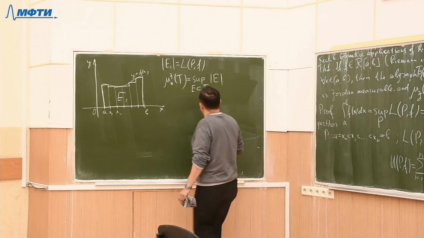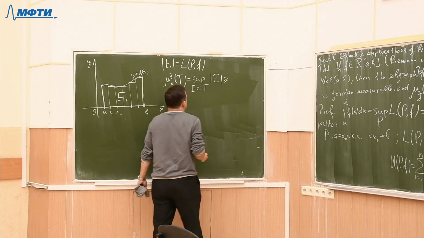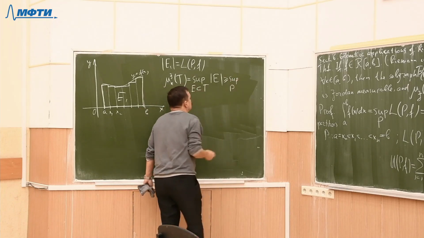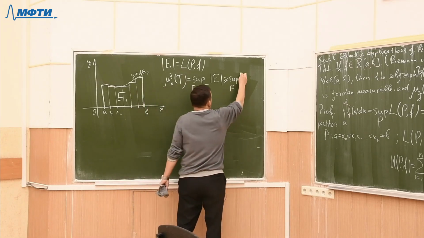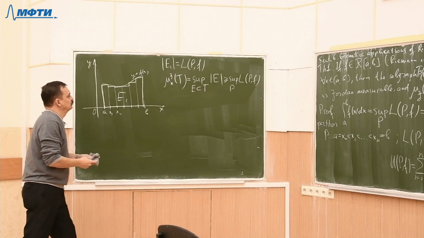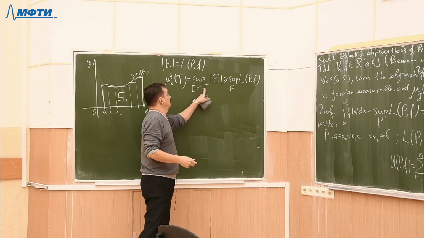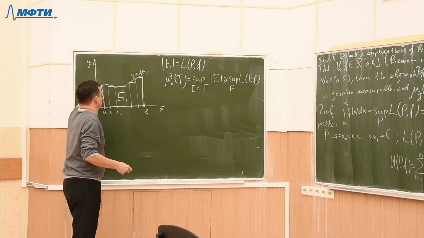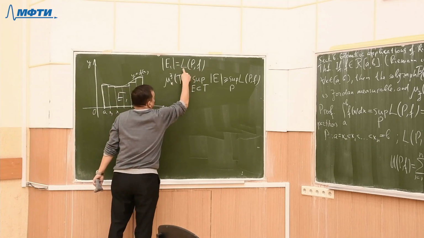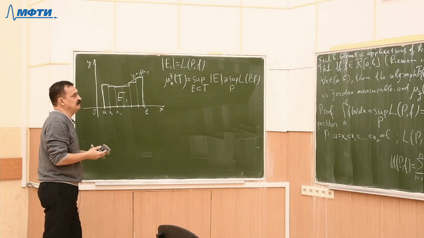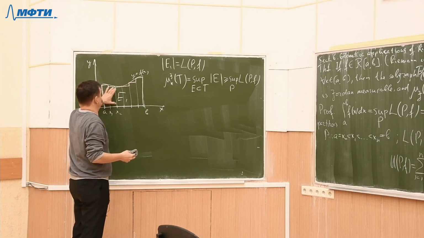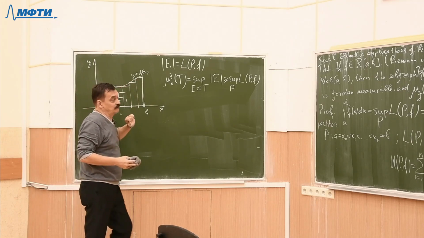Hence, we see that this is greater or equal than the supremum over all partitions of lower Darboux sums. Because here we should consider all elementary sets which are included in our subgraph, and every lower Darboux sum is the volume of such an elementary set, right?